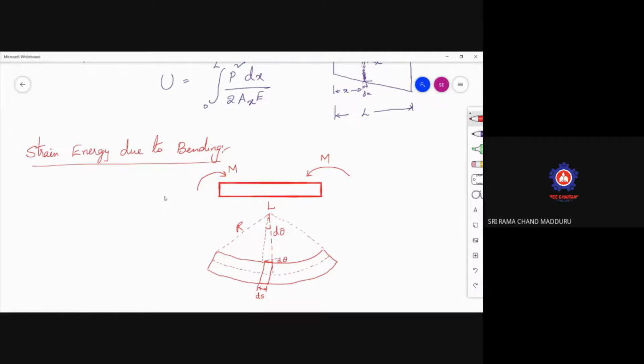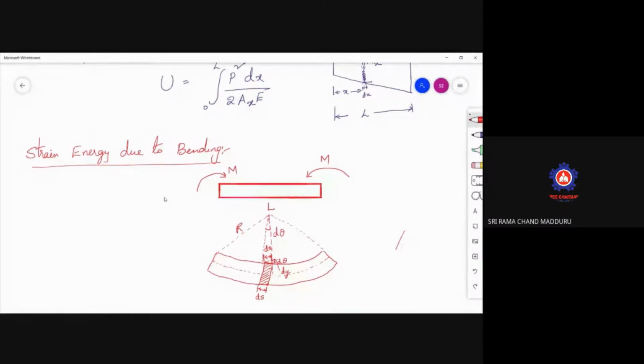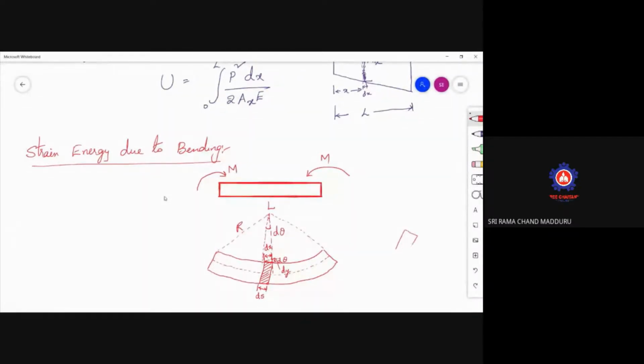Now the horizontal distance will be referred to as dx, and the vertical one as dy. The small element is in the curvature, it is like this, and this distance is ds.